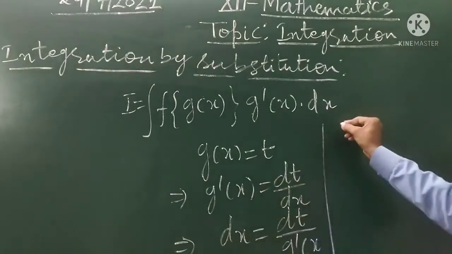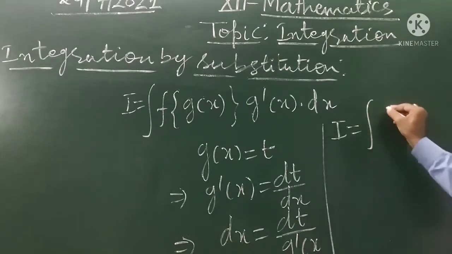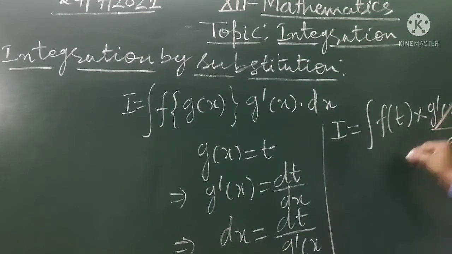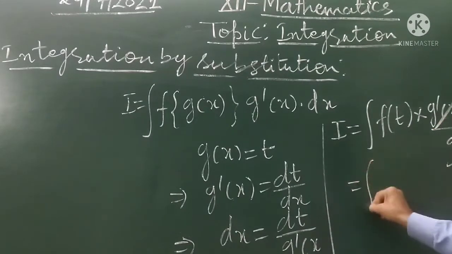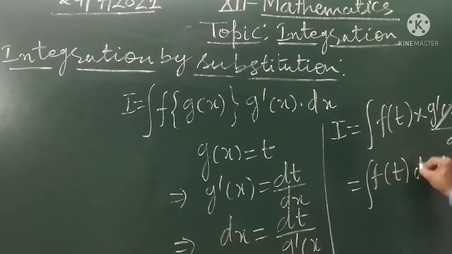Then integration I equals integration of f(t) into g dash x, dt divided by g dash x, is cancelled out. Now we integrate f(t) with respect to t.